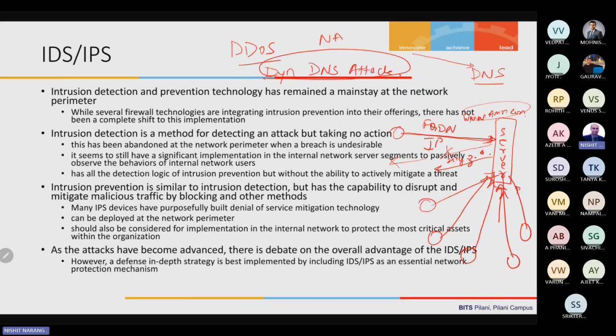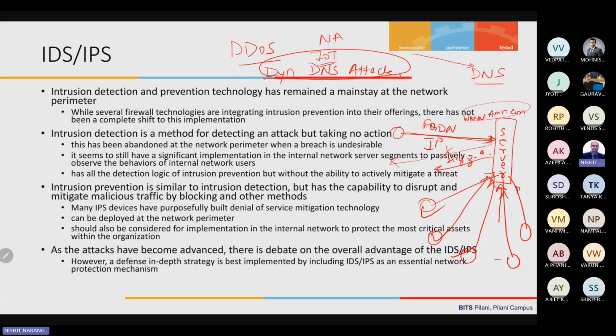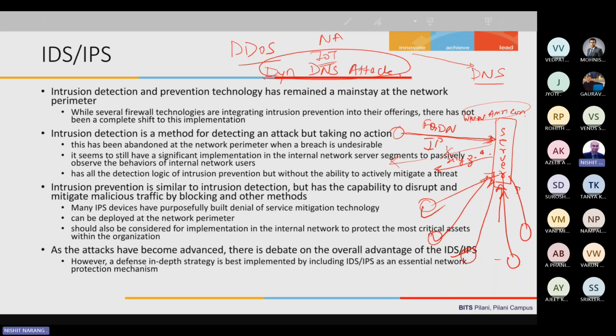Most of the websites went down because IoT devices were used as bots to send a lot of bogus DNS queries to DNS servers, which made the DNS servers unserviceable for legitimate users. Now, if you have this kind of an attack, for an NGFW, it's a perfectly formed DNS query.